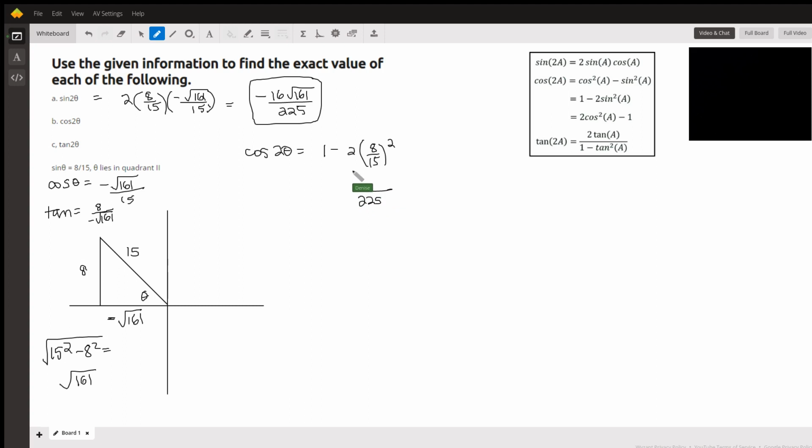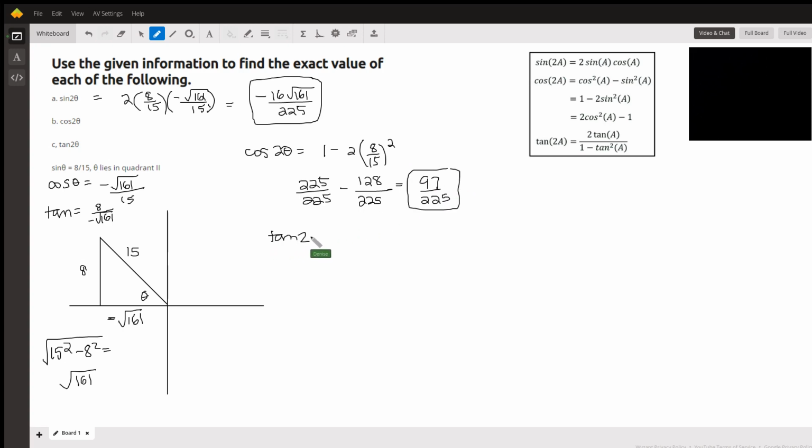And then if I do 2 times 64, I get 128 for that numerator. To get a common denominator, I'm going to change this 1 into 225/225. And I get 97/225 for cosine 2 theta.